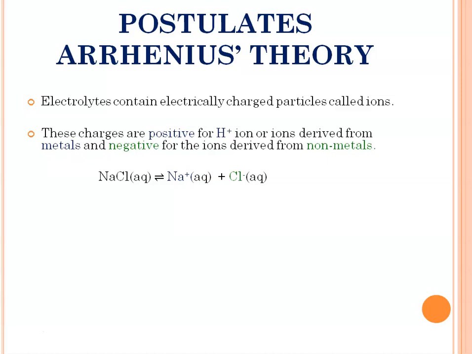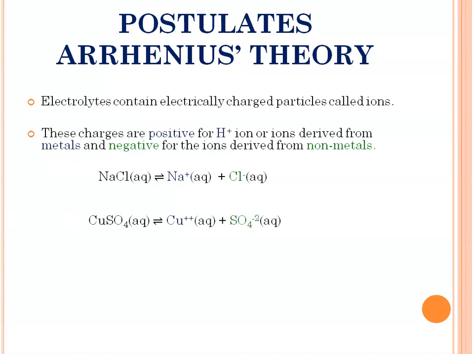For example, if you dissolve sodium chloride in water, in the aqueous solution you have sodium ions coming from the metallic sodium and you have the chloride ions coming from the non-metallic chlorine of the sodium chloride molecule.